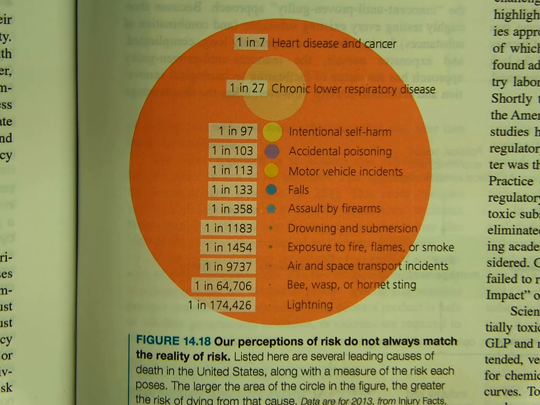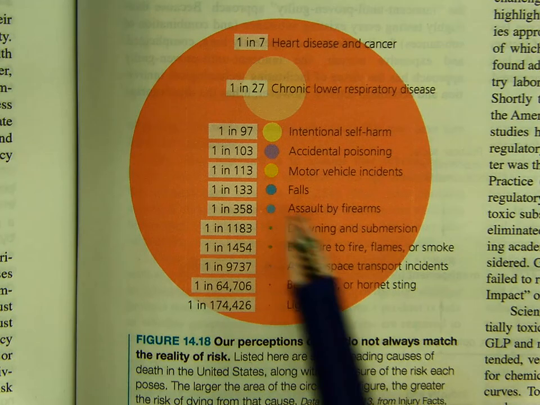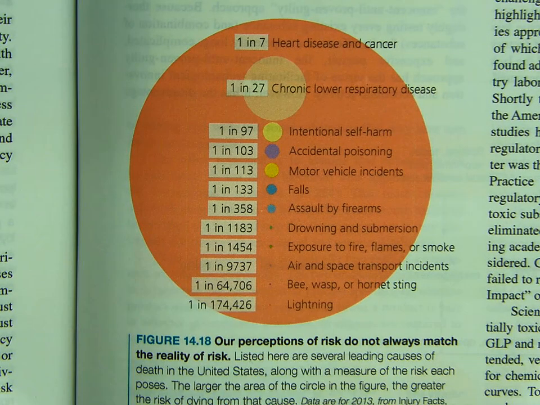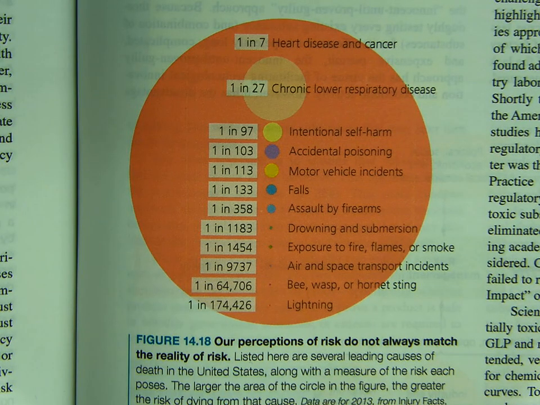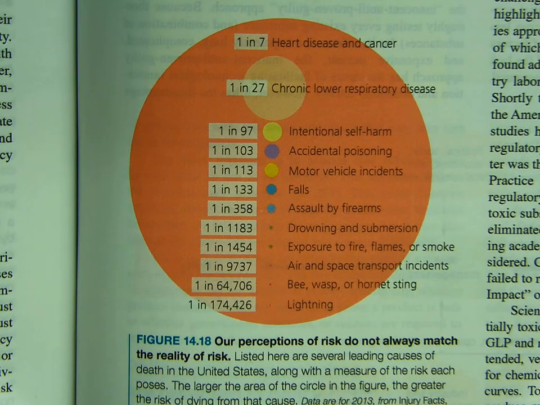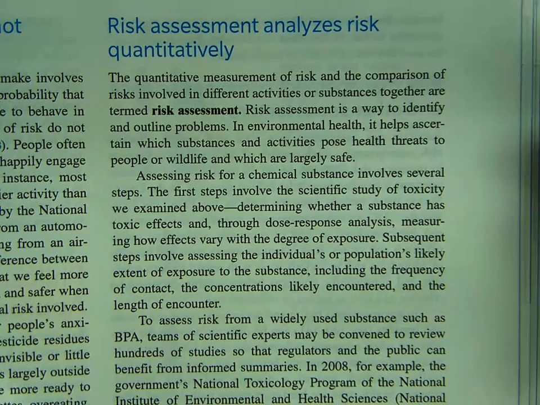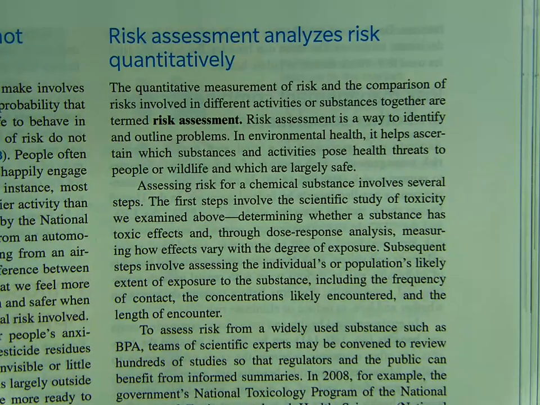Perception of risk may not match reality, because 1 in 7 is higher than 10%. So somebody's going to have heart disease and cancer in your life. I guarantee it. Then risk assessment analyzes risk quantitatively.